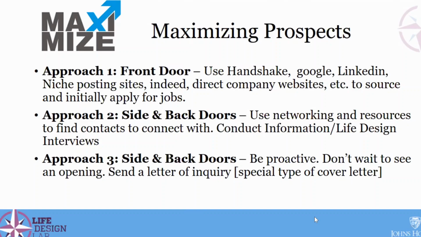That's just one approach, but it is not the most effective, especially in hard to get into industries. The most effective approach for difficult industries or in a very challenging job market, like what we're starting to face right now, is approach 2 and approach 3, which is through the side and the back door.